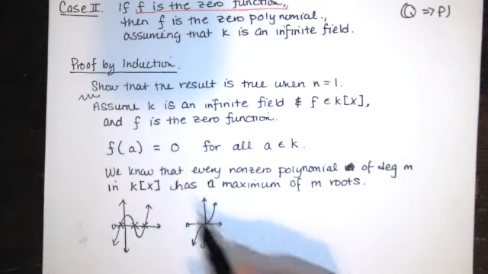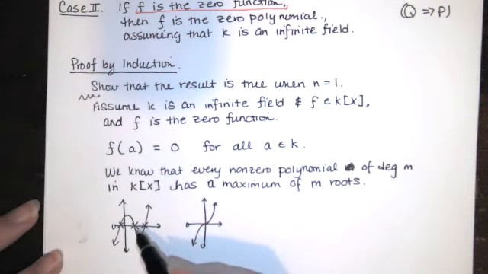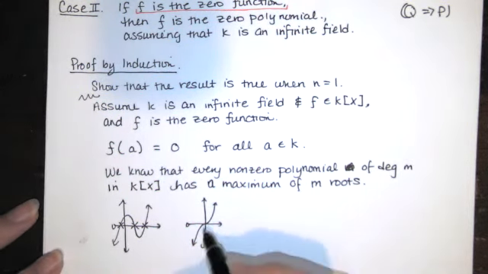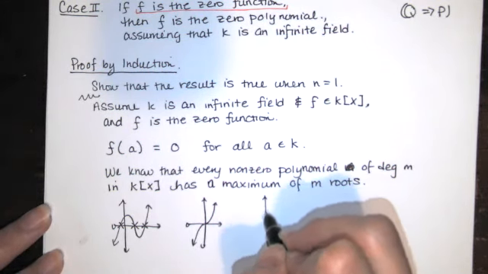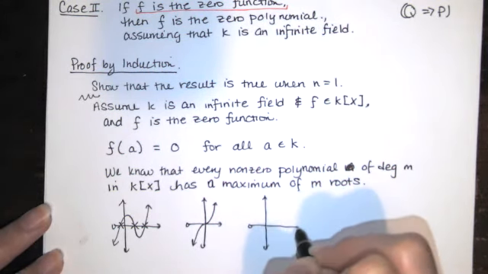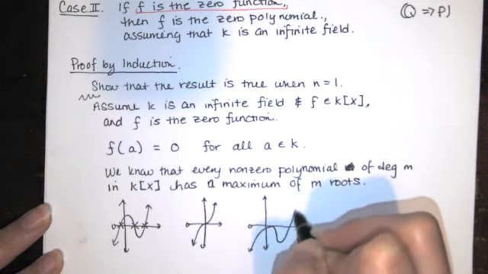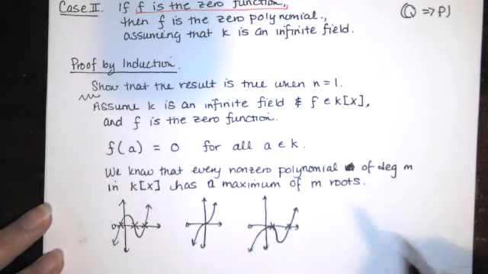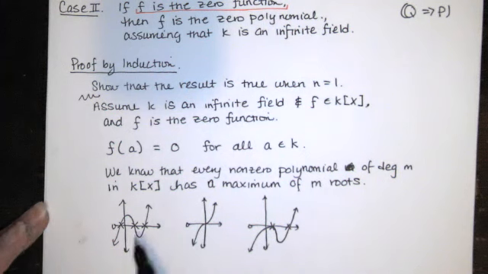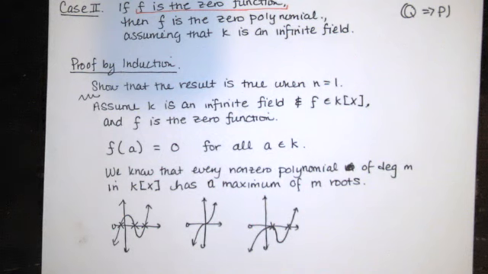But that's generally the shape of a cubic polynomial. It has 3 roots here, it has 1 root there. Maybe you've got a cubic polynomial that behaves like this, where it just touches and turns around and then goes through. So you might have 2 roots, but you either get 3 roots or 1 root or 2 roots. You have a maximum of 3 roots. There is no way that a cubic polynomial could give you 4 roots. You already know that that's true.